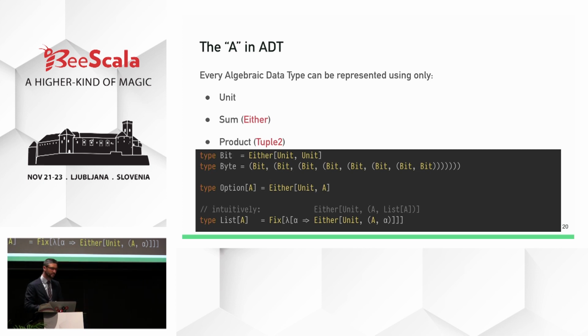Similarly with the product, let's say we want to define a Byte type. We can do that by saying this is this big, ugly, nested product here. So again, let's do a little bit of counting. A product AB has as many inhabitants as there are in A multiplied by the number of inhabitants of B. So this pair of bits has 2 times 2 equals 4 inhabitants.